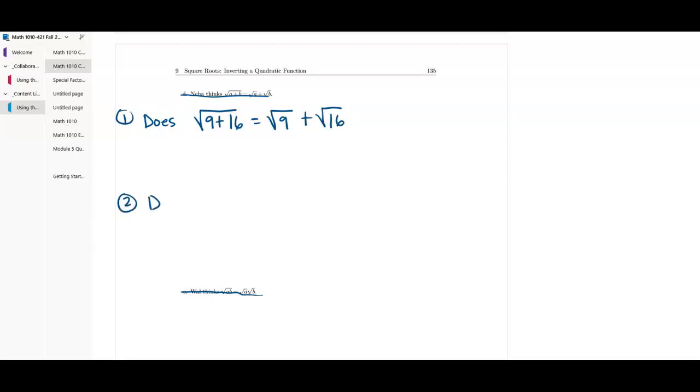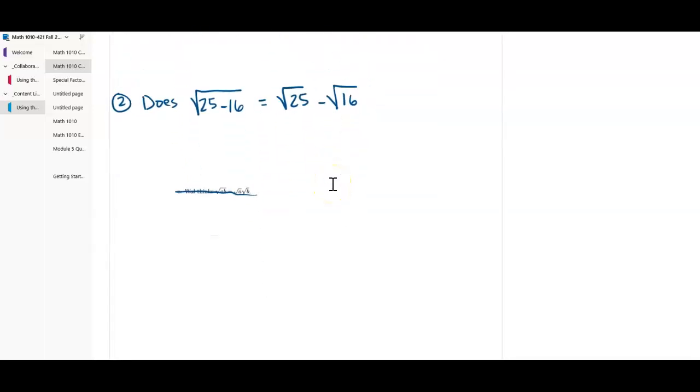I'm going to write these 4 here, and I want you to try and answer these. Square root of 25 minus 16 equals the square root of 25 minus the square root of 16. And then down here, does the square root of 4 times 25 equal the square root of 4 times the square root of 25?